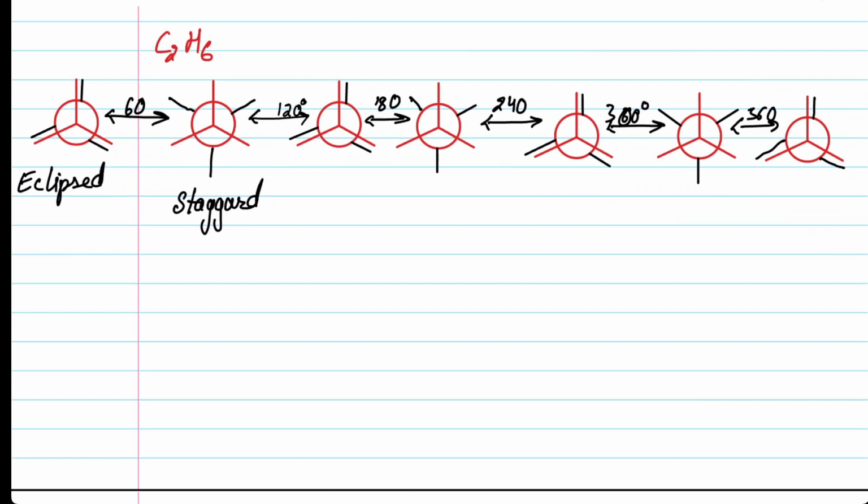So these are the conformers of ethane. This is what we get, the various structures.